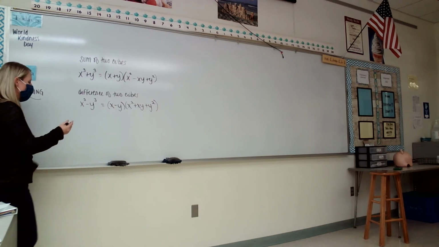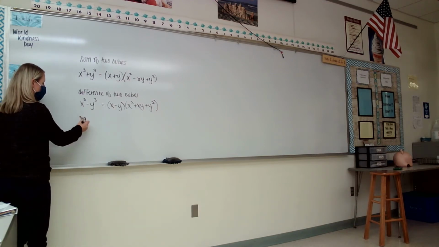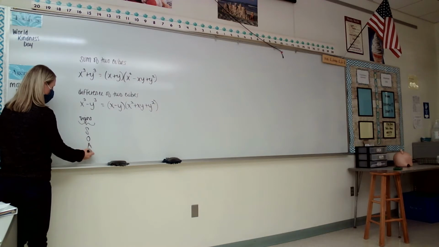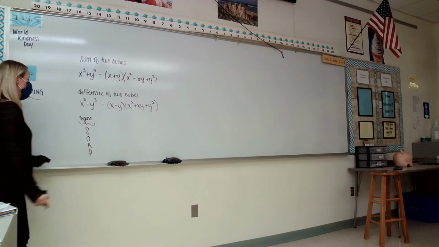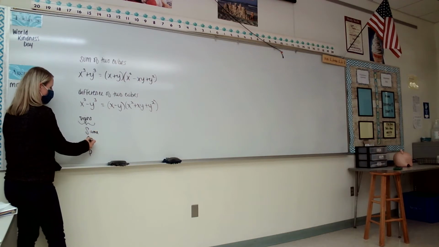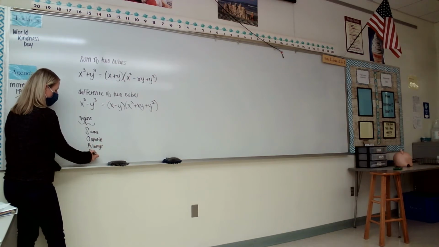I can't remember. So one way I remember the signs is I think of the word soap, which means a whole lot of nothing right now. But in terms of the sign, it means same, opposite, always positive. So I'll show you what that actually means.